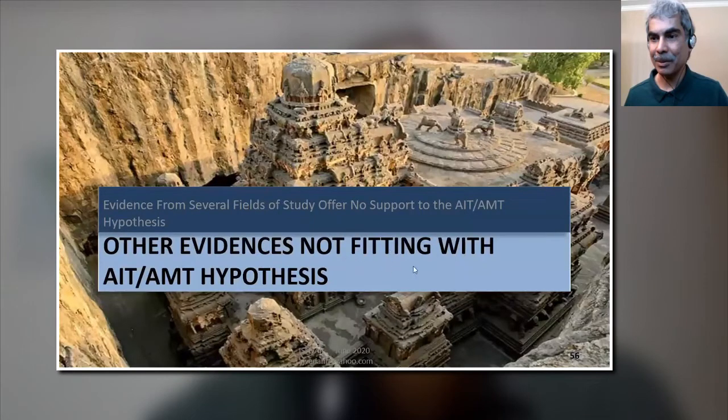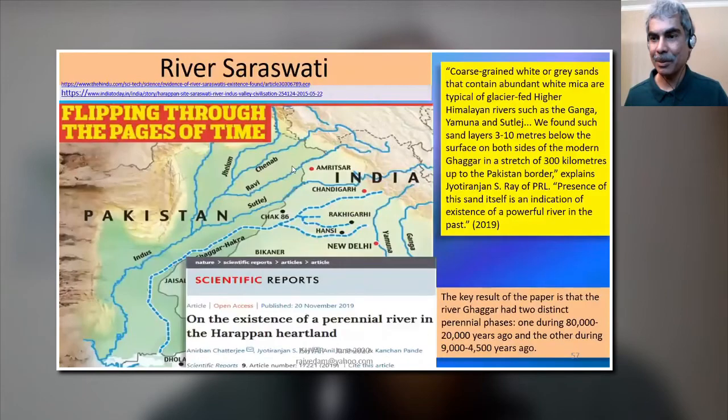There's several other evidence that does not fit with this Aryan invasion hypothesis. One of them is the river Saraswati. If you remember, the Aryan invasion or migration people said Saraswati is a mythical river. However, this paper that came from Anirban Chatterjee and others from IIT, I think Kanpur or Kharagpur, November 2019, clearly is talking about the mineralogy of the soil in these parts that has changes and exposed to water and so on.